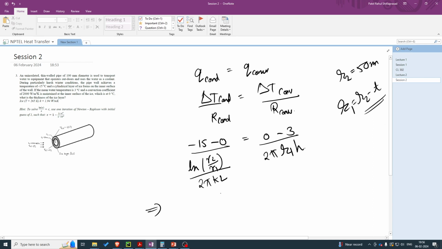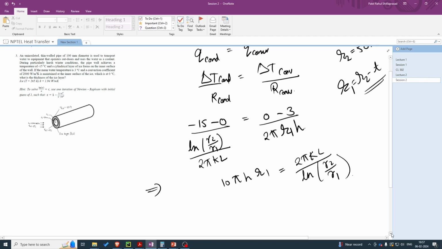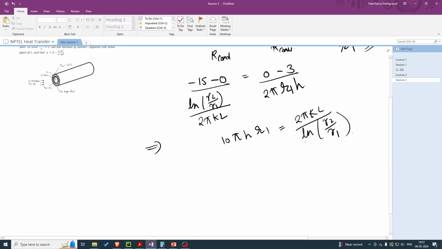So you will get 15 by 3, that is 5, into 2 is 10 pi H R1 is equal to 2 pi KL upon ln of R2 upon R1. Now divide this equation by R2 so that we can get the ratio R2 upon R1, which will be easier to solve.